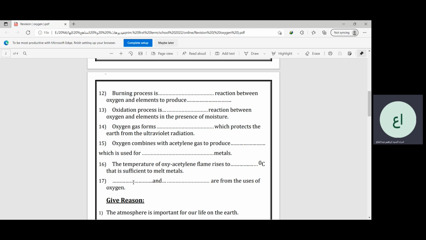For patients who suffer from breathing difficulties during surgeries, during diving, okay, climbing mountains. كل دي من ضمن ال importance or the uses of oxygen. Okay.